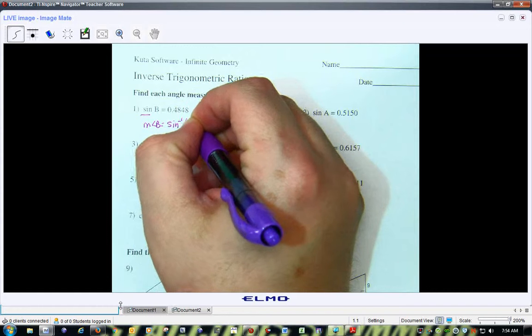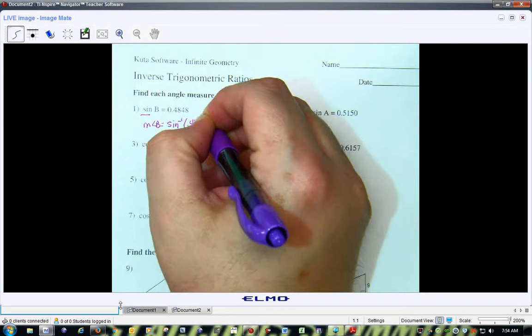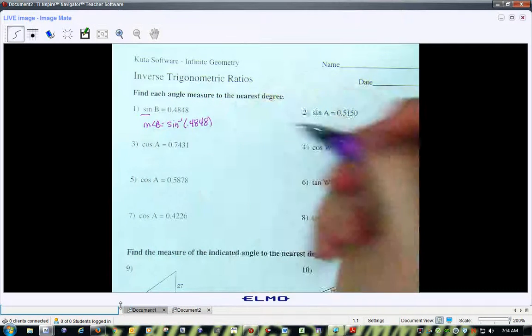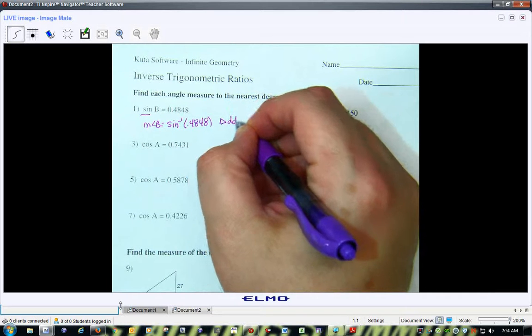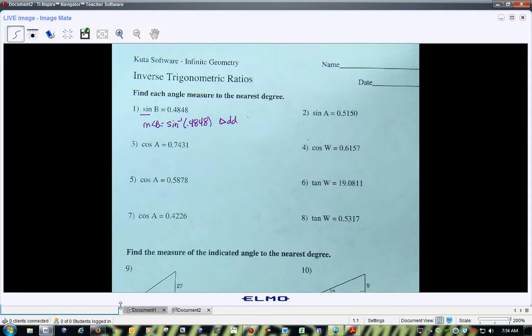So I'm going to type that into my calculator, but make sure that I put my arrow DD afterwards. Once I type that into the calculator, that'll give me the answer that I need to get.